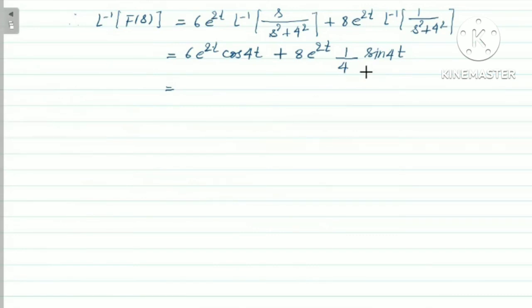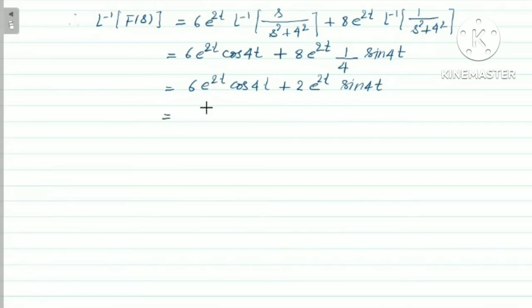So let us write this in more simplified form. 6 e raised to 2t cos 4t, plus 8 times 1 by 4, that is 2 e raised to 2t sine 4t.